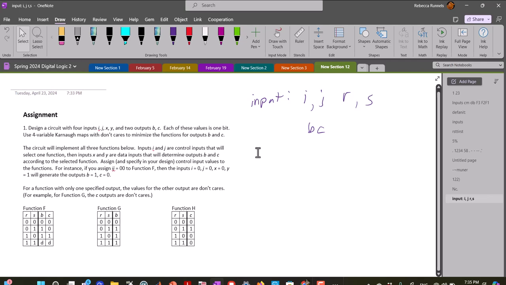Now, we're told that assign and specify in your design control input values to the functions.